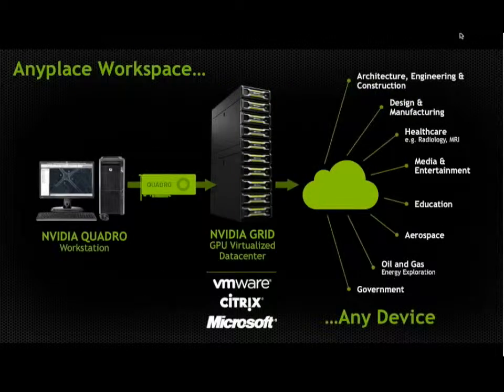So just at a glance then, what are we doing with GRID? We're taking that Quadro-equipped high-end workstation and essentially virtualizing that GPU, sticking it into a data center, running that on top of one of our known hypervisor stacks. In this case, VMware, Citrix, and Microsoft are listed, and those, of course, are the primary players.